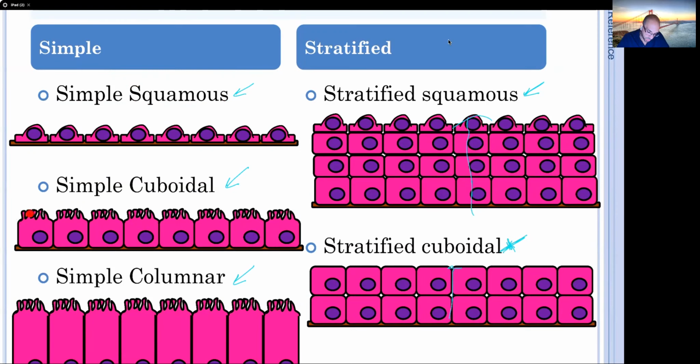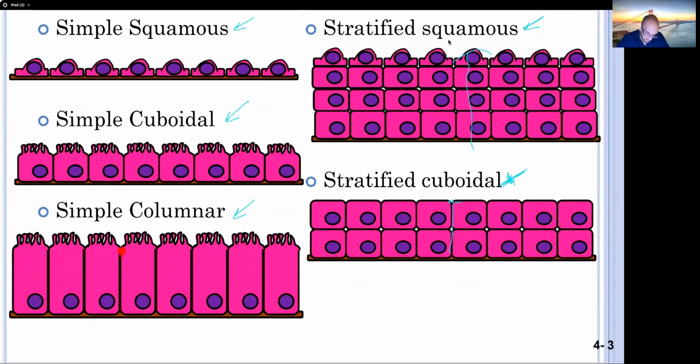If the apical cells are cube-shaped cells, the epithelium is going to be classified as a cuboidal epithelium. If the apical cells are tall cells, like what you see on here, the tissue is going to be classified as a columnar epithelium.